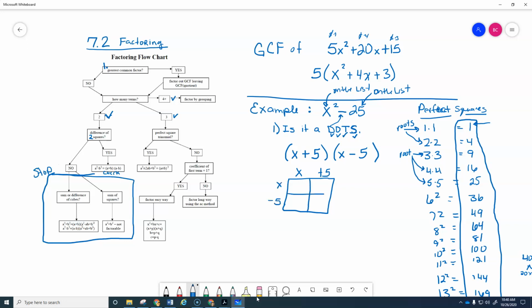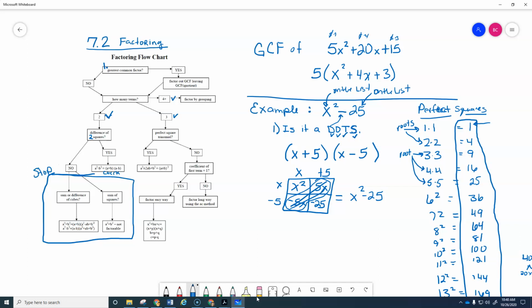You build a box and you get x squared, 5x, minus 5x, and then negative 25. These two right here are going to add to 0. Positive 5x and negative 5x add to 0, so your answer is x squared minus 25. And that's the way it's going to work every time. If it's a difference of two squares problem, it's going to factor like that.